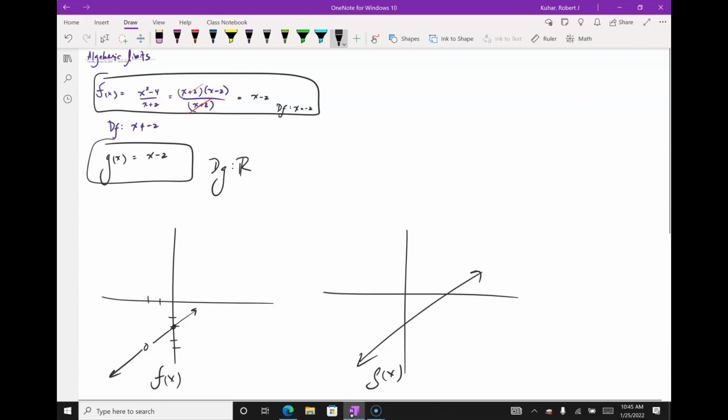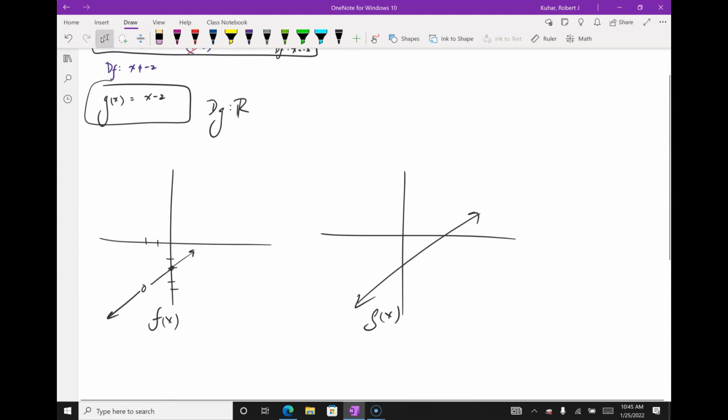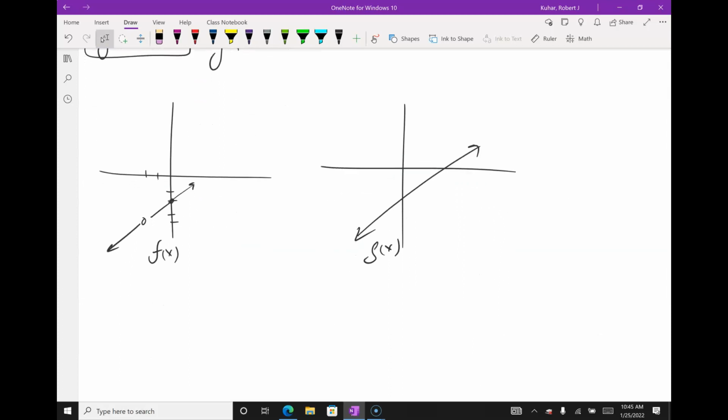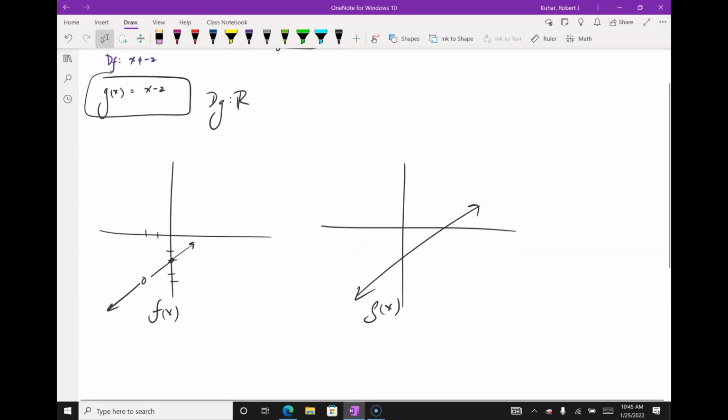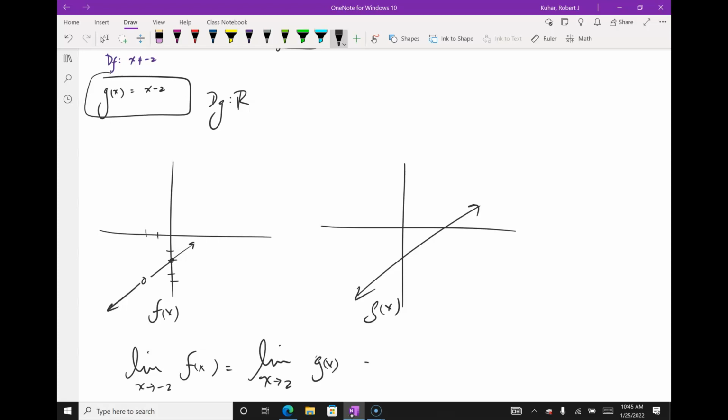And so what I'm going to say is, I need a theorem for it, that the limit as x goes to negative 2 of f of x is the same as the limit as x goes to negative 2 of g of x, which is the limit, oh, negative 2, sorry.